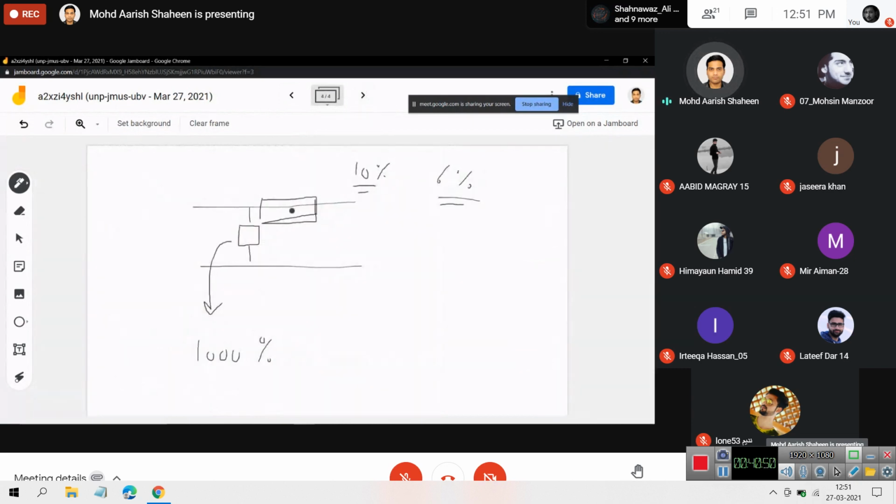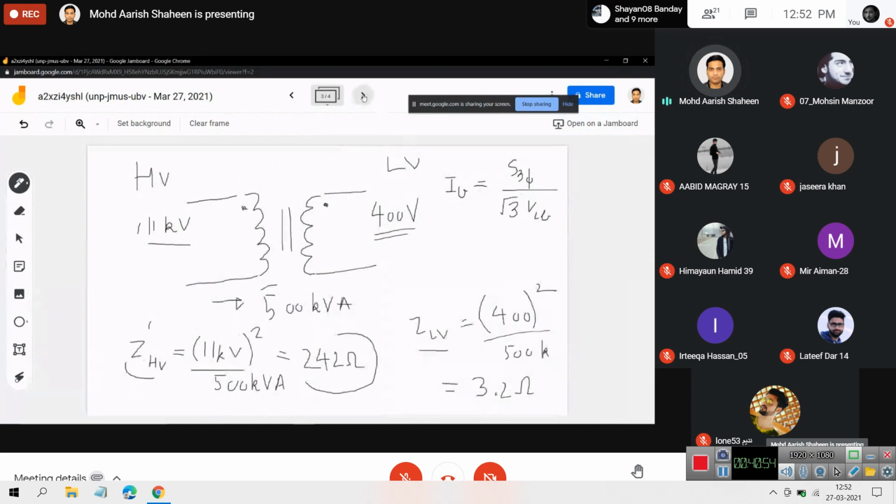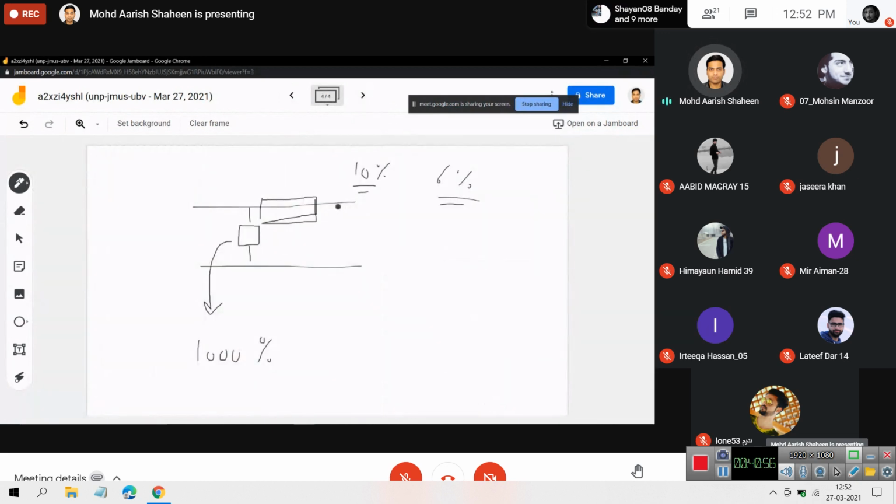So if I refer it to the LV side, 10% of 3.2 is 0.32 ohms. That is the value of impedance that I will measure if I, for example, perform a short circuit test and use voltmeter, ammeter. So it gives us an ability to make an intelligent assessment of the range of values.